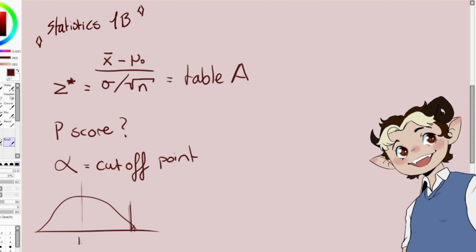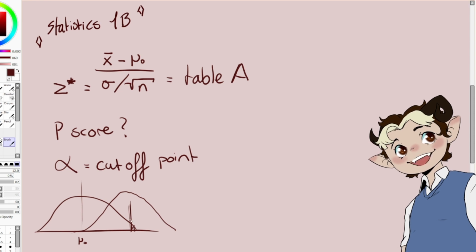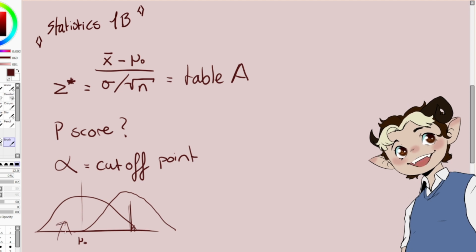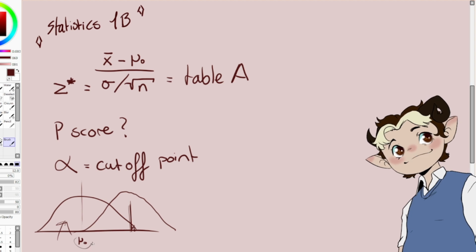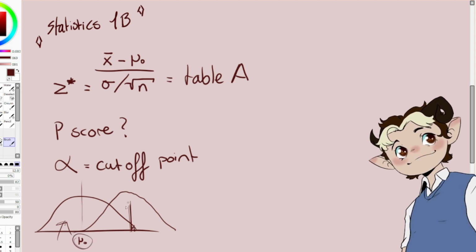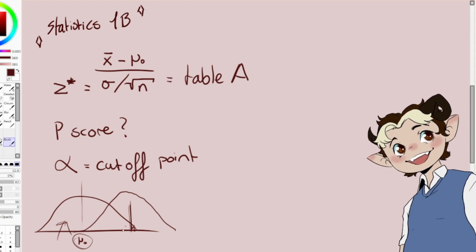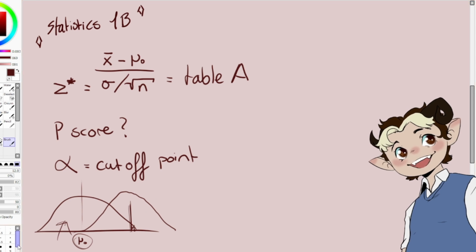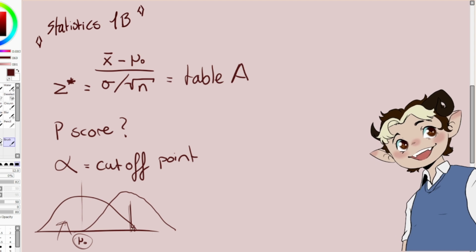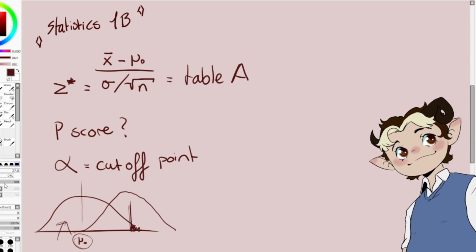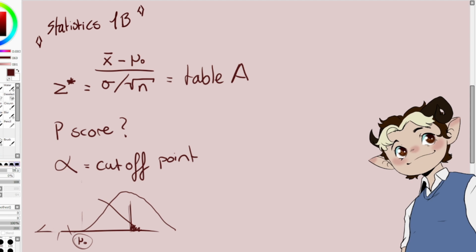If we say that our mu is over here, but we see in our sample it's right there, we're going to probably assume that this is incorrect, because our sample mean is so far away from the null hypothesis mean. It probably isn't the mu. So we're going to reject the mu. It's probably bigger, smaller, or just isn't this one. That is the basic idea. So we choose that cutoff point.